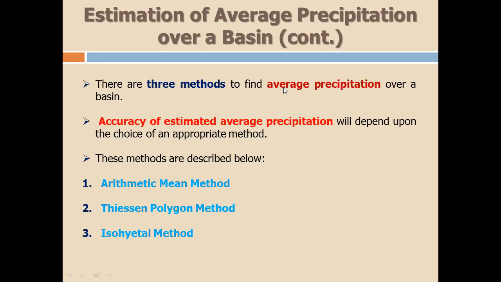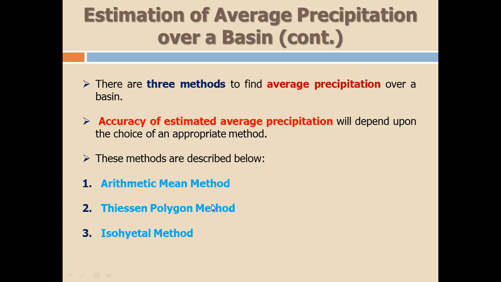Now, there are three methods commonly used for calculating average precipitation over an area. Accuracy of the estimated average precipitation will depend upon the choice of an appropriate method. The methods are: number 1 is the simple arithmetic mean method, number 2 is the Thiessen Polygon method, and number 3 is the isohyetal method.